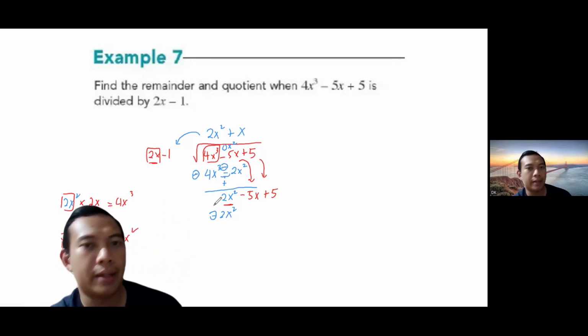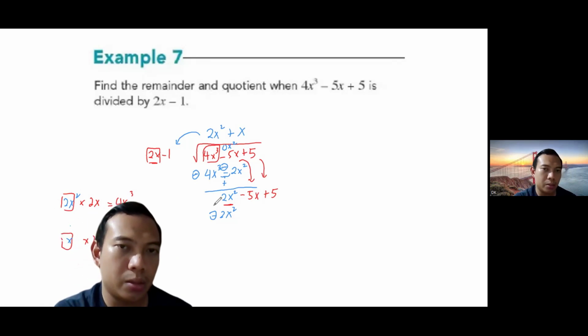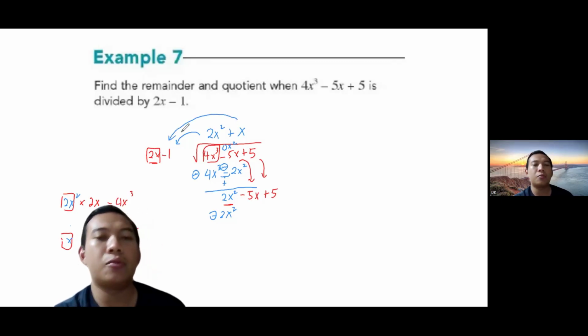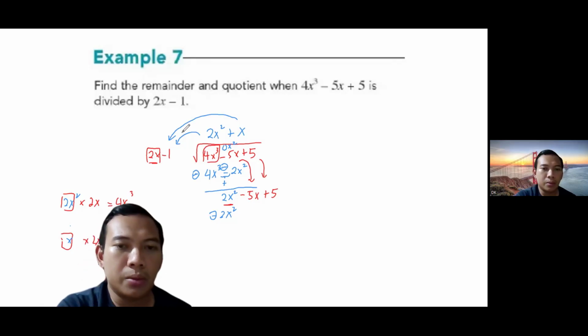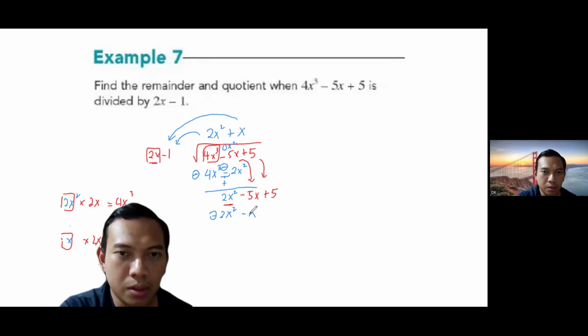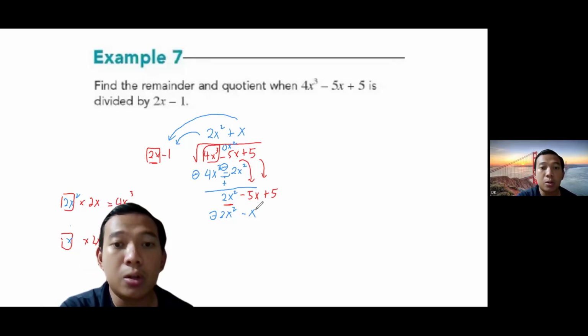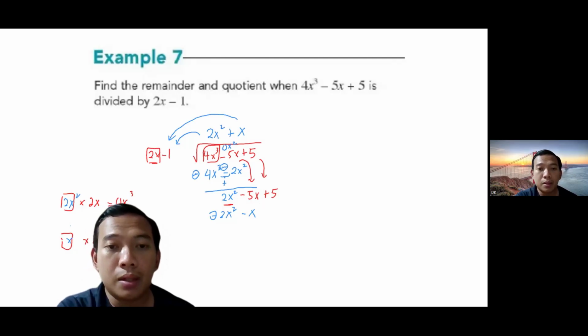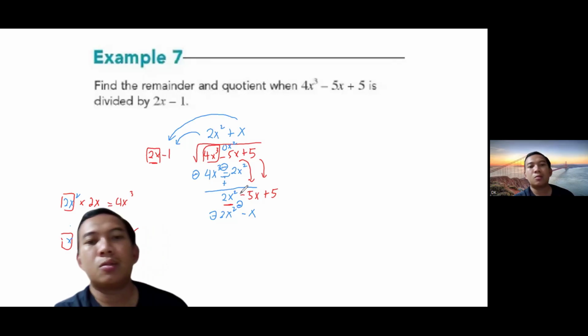Eliminated. None at all. Then don't forget, there's also a minus 1 here. Times the minus 1, we get a minus x instead. Don't forget, we got a minus x, but there's also an automatic minus.